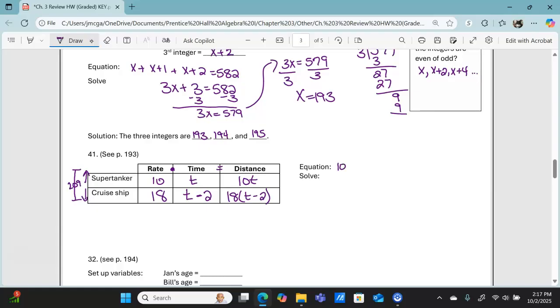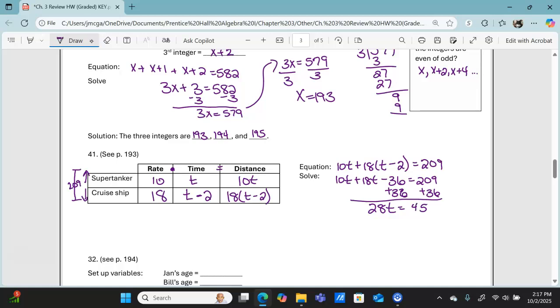So that means their distances, you can see from that graphic, their distances add up to that 209. So we've got 10t plus 18t multiplying through minus 36 equals 209. Add 36. And I'm going to put together the 10t and 18t and get 28t.